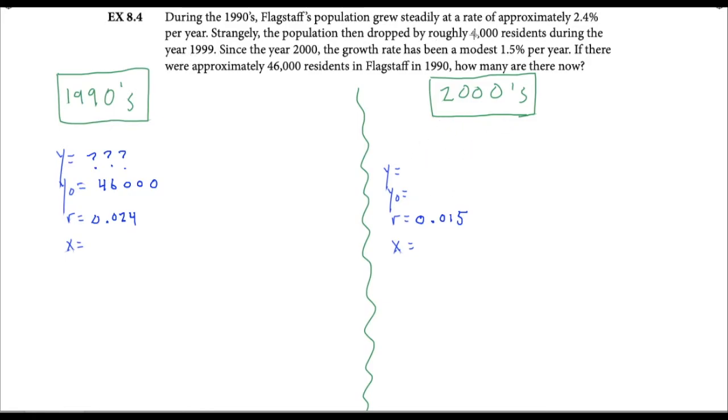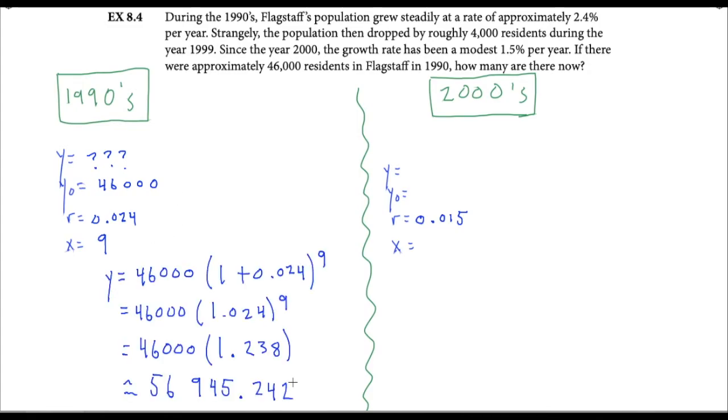I have an additional detail which indicates that during the year 1999, the population dropped by 4,000 residents. So I think my initial calculations here will be for the 9 years from the beginning of 1990 through the beginning of 1999. Plugging these values into my equation for an exponential I have.